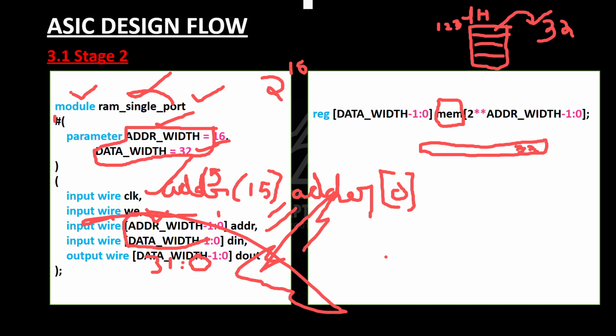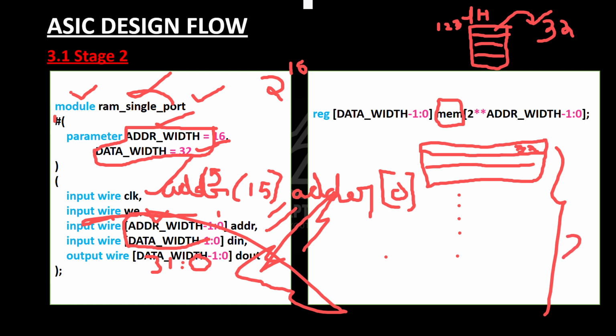This is one location size. Similarly, we are going to have 2 power 16 locations. So each location can be represented using a 16-bit address.